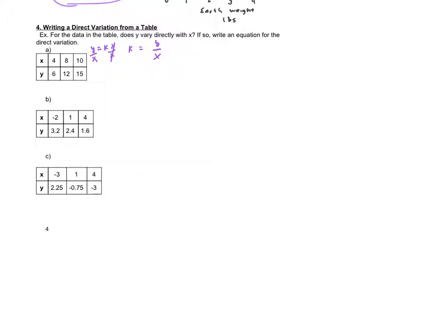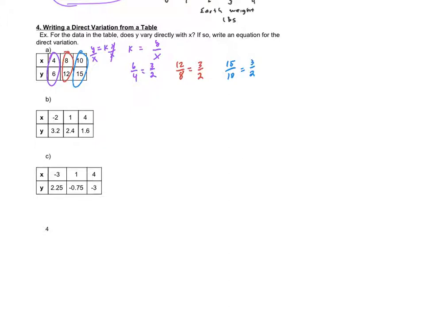Now, as I go to do some substitution here, if I take y over x, I get 6 over 4, which is equal to 3/2. I take the next one, and I have 12 over 8, which is also 3/2. And then finally, I have 15 over 10, and that too is 3/2.